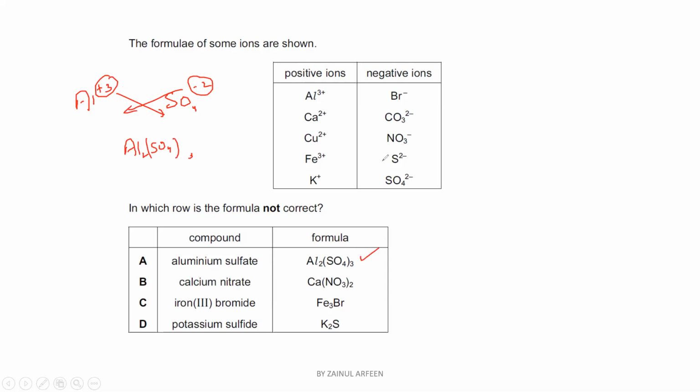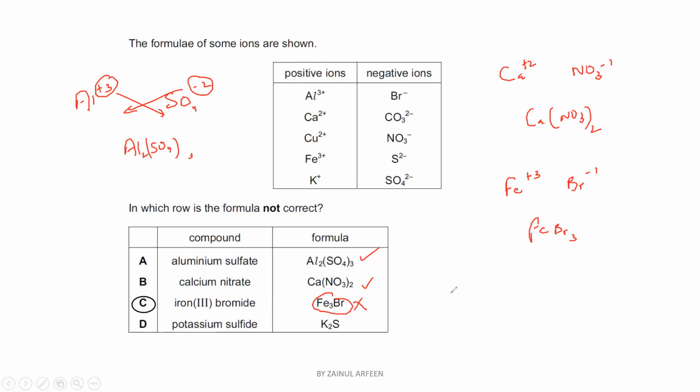Calcium nitrate. Calcium is +2 and nitrate is -1. So we cross multiply, Ca(NO3)2. So calcium nitrate is also correct. Iron 3 bromide. Iron is +3 and bromide is -1, so when you cross multiply, the formula should be FeBr3, but here it is written wrong.